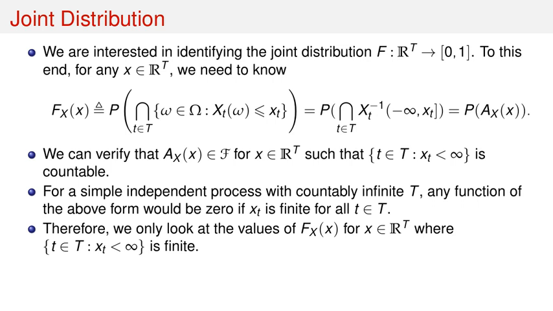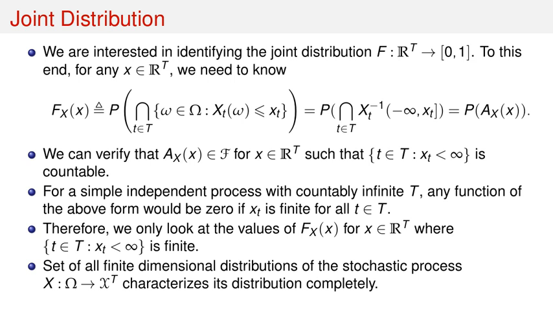Therefore, in practice, we usually only look at the values of F_X of x for x in R to the T, where the set of t in T such that x_t is less than infinity is finite. This essentially means we are always working with finite dimensional projections.